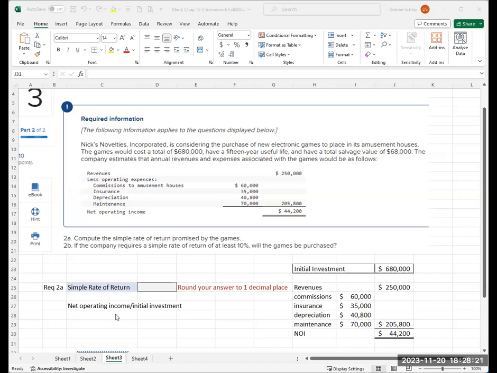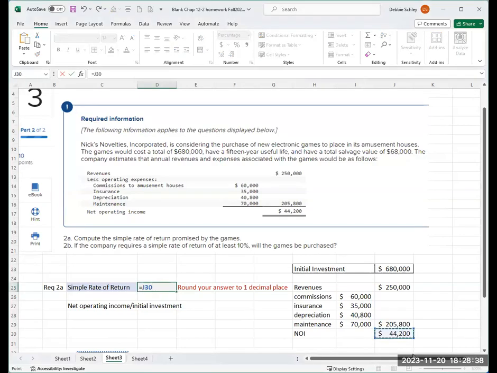And so the definition of simple rate of return is net operating income divided by the initial investment. And so that is going to equal that 44,200 divided by the initial investment. And this is a percent, so round it to 1 decimal place. So if you have something like 0.065, then you make it a percent to 1 decimal place.